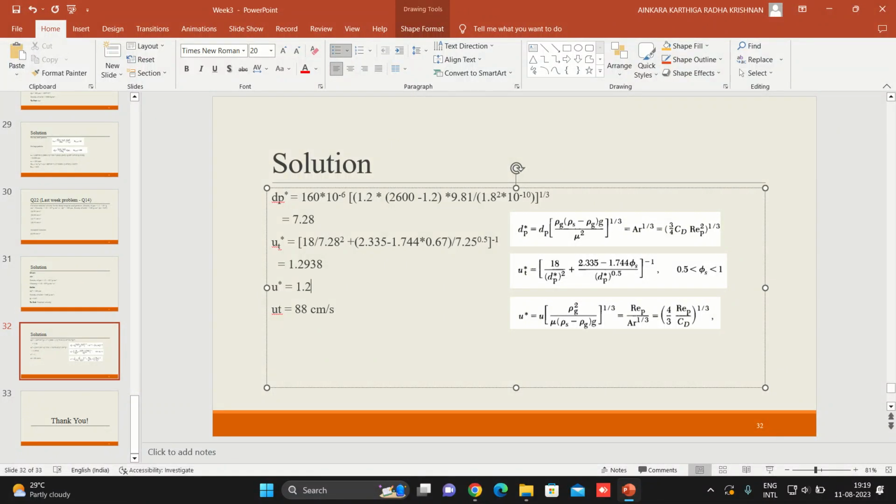So it is 1.2938 into the bracket of 1.2 square divided by 1.8 into 10 power minus 5, into 2600 minus 1.2, into 9.81, power 1 divided by 3.